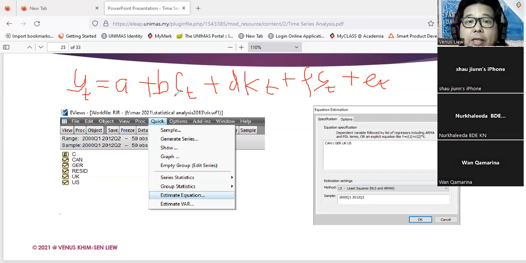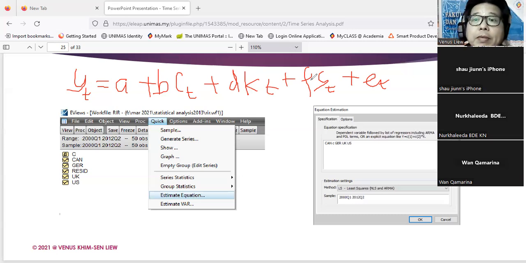So what do we mean here? If I have a value of the Canada real interest rate, it will have an impact on the UK interest rate by how much? By this factor B. B is a number. All these A, B, D, F are numbers.